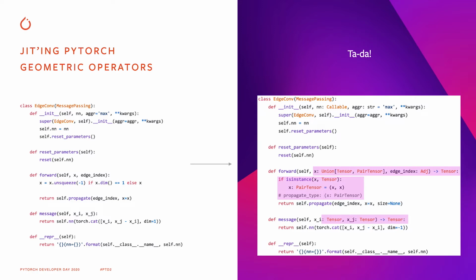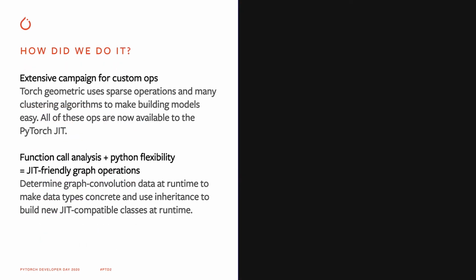And we've also added an additional propagate type hint that tells the JIT exactly what sort of data is being passed in and out of the propagate function, which is determined dynamically inside of PyTorch Geometric's message passing class. And that's just the user interface that you see when you're trying to write something.